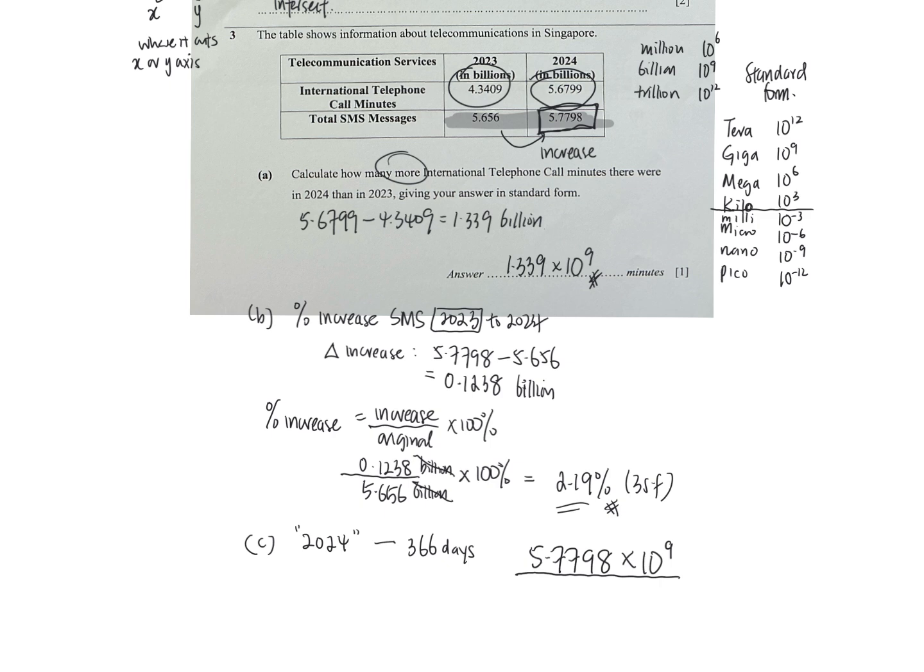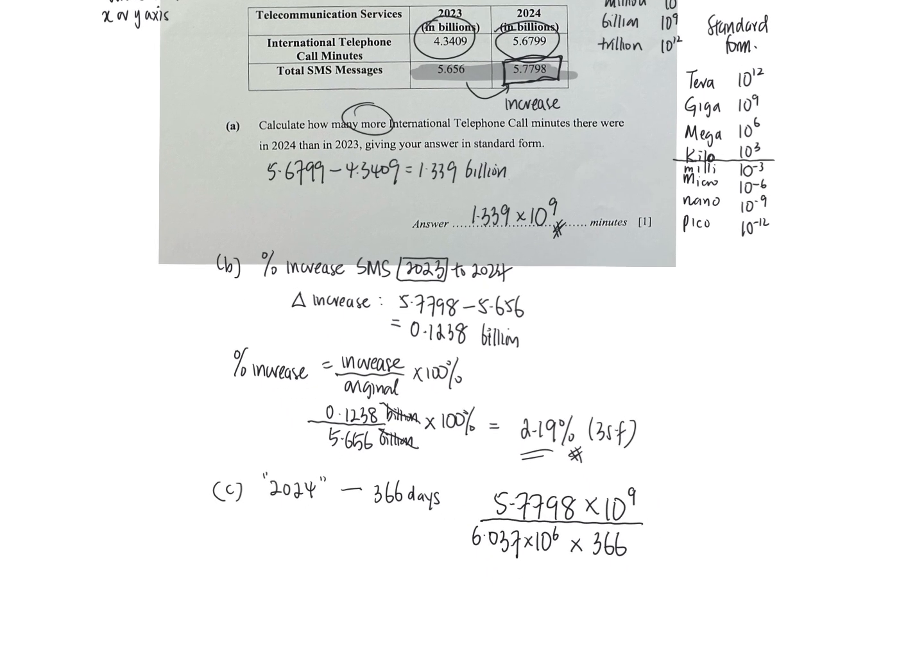Then I find per person per day. Per person, you need to divide by the population, which is 6.037 million, so times 10 to the power of 6. You also need to divide by 366 days.